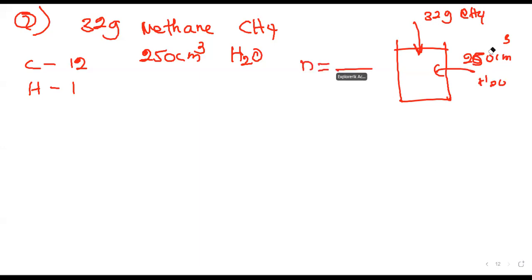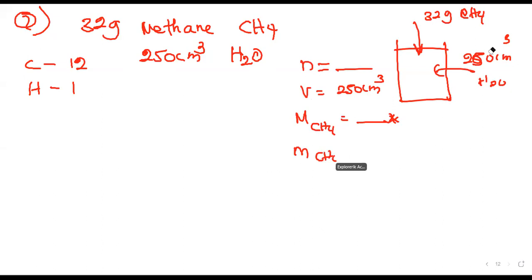We need to find it out. Volume we know, that is 250 centimeter cubes. We need to find out the molar mass of CH4. That can be done. They have given us the mass of CH4, that is 32. Concentration is what they ask for.